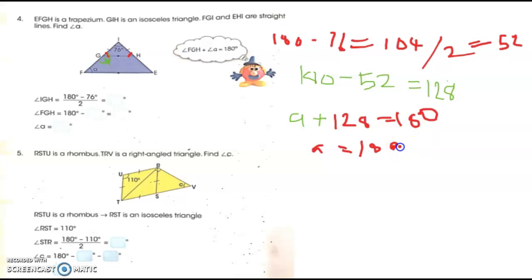So 180 minus 128 is how much? 180 minus 128 is 52.